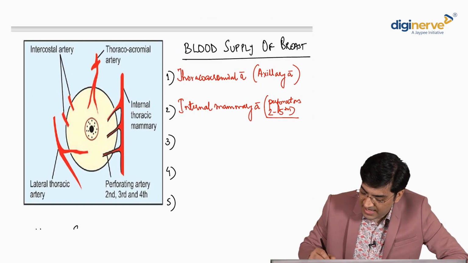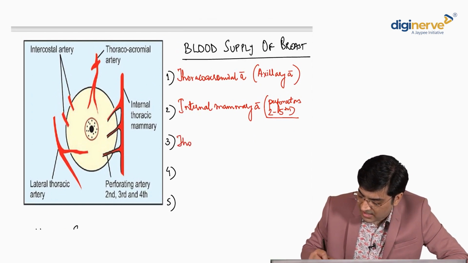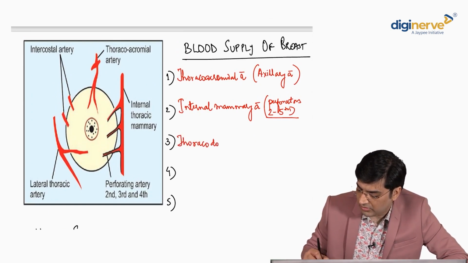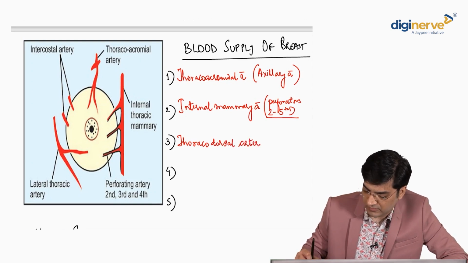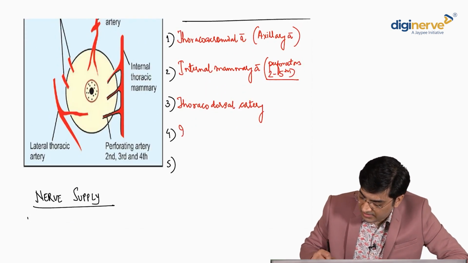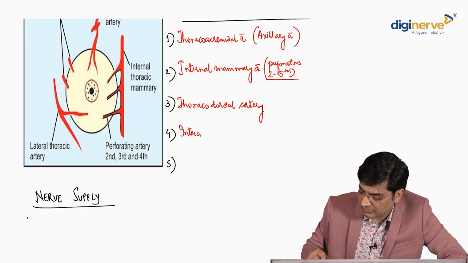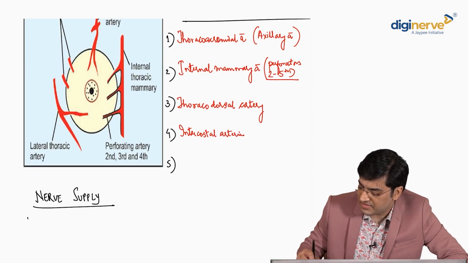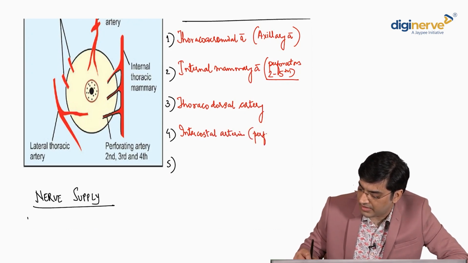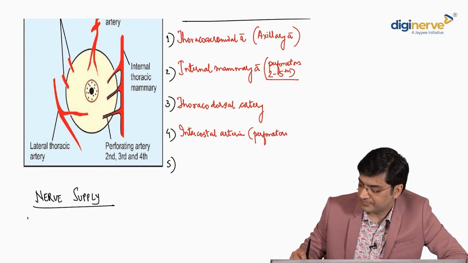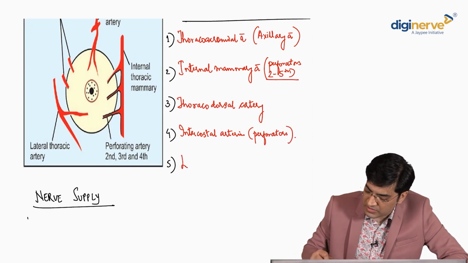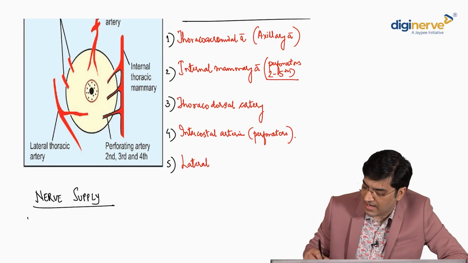Then you have a supply from the thoracodorsal artery, also from intercostal arteries, especially the perforators of the intercostal artery, and we also get the supply from the lateral thoracic artery.